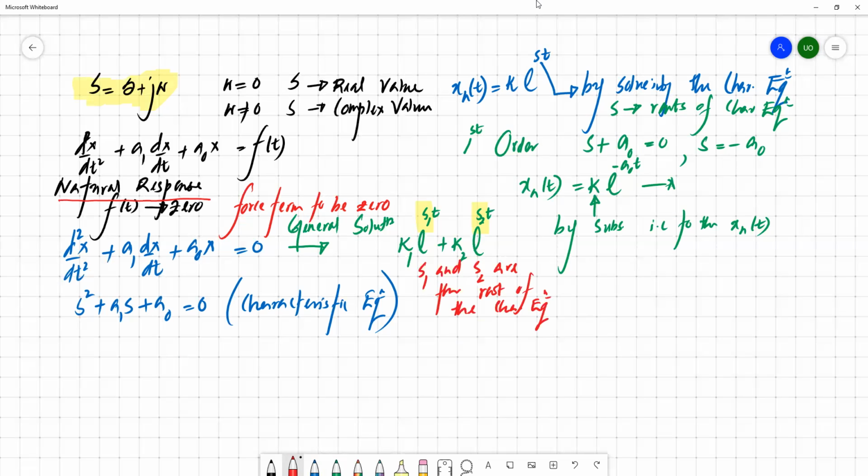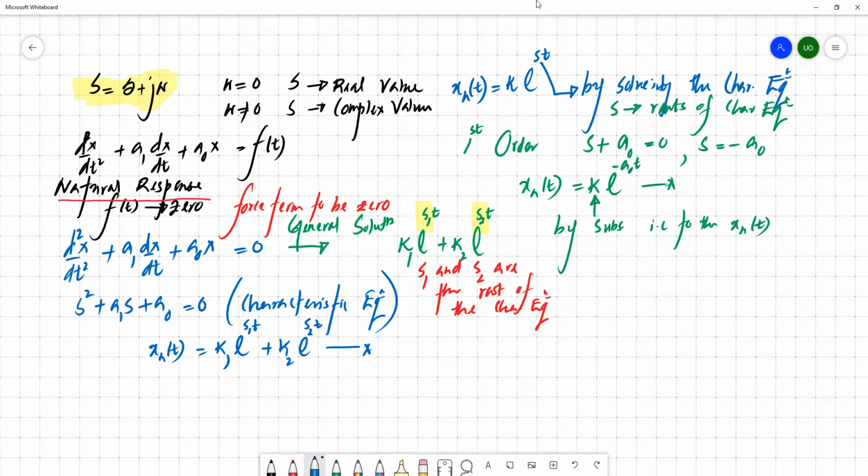If you get the characteristic equation and solve it, you can get the roots, plug them into the exponent, and then you can get the response. For this case, your response would be k1 e to the power s1t plus k2 e to the power s2t. So this is the response.